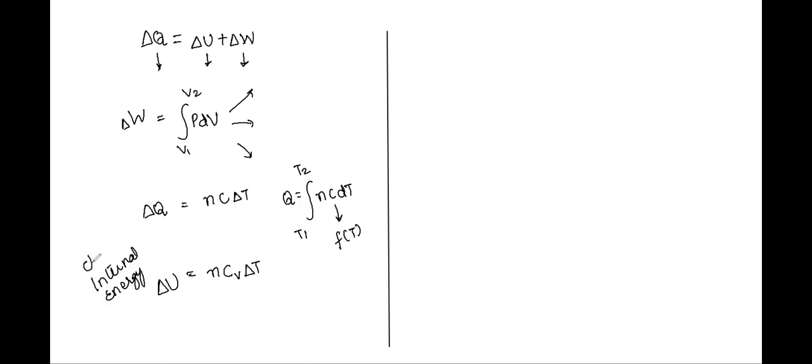Better to call the other one, delta Q, heat transferred, and this one work done, because sometimes there might be confusions because of the presence or absence of the delta sign. So we'll avoid that. This value was P delta V in case of an isobaric process.